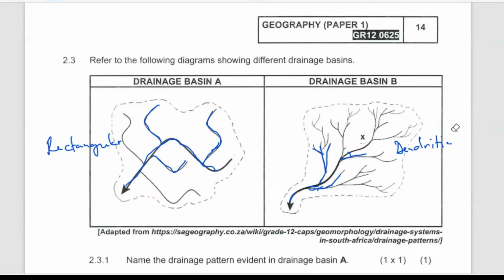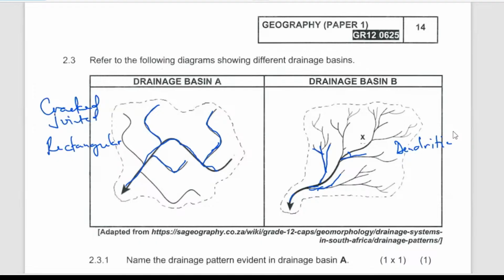If we analyze the nature of the underlying rock which facilitates the development of these two drainage patterns: for the rectangular drainage pattern, the underlying rock is hard and resistant, but cracked, or jointed.